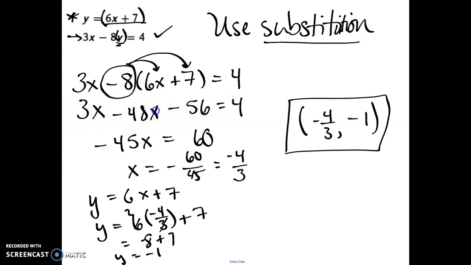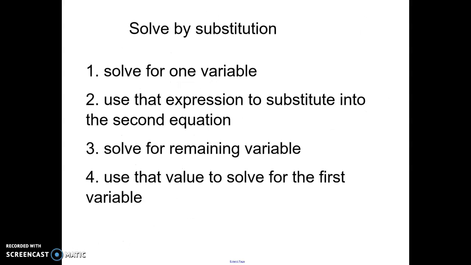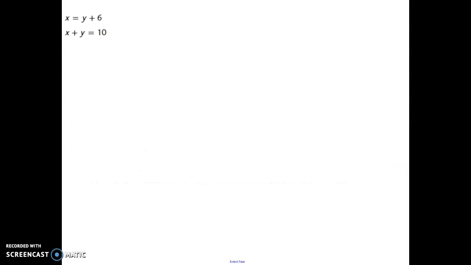The remaining variable was x, so we solved for x, and then we took that value for x and substituted it back to get the value of the first variable. Here they are again. Solve for one, use that expression, solve for the remaining, and use that solution to solve for the first variable. Let's look at another example.